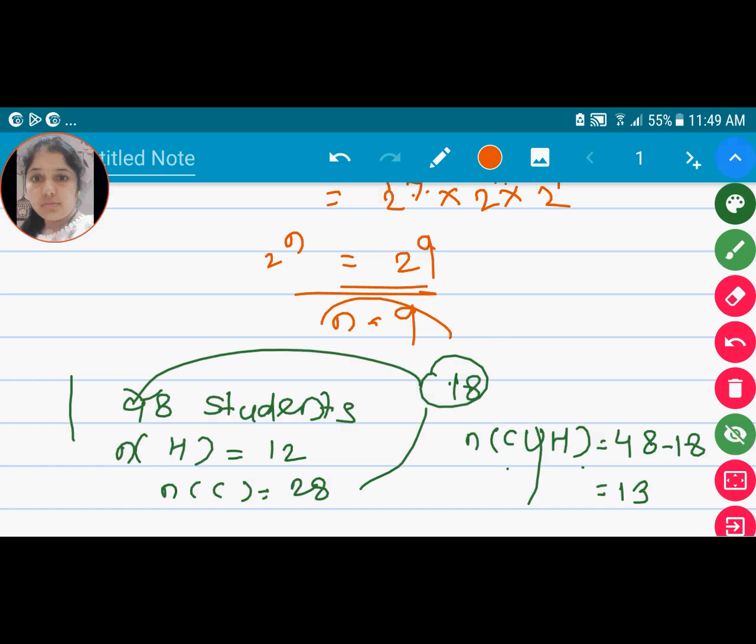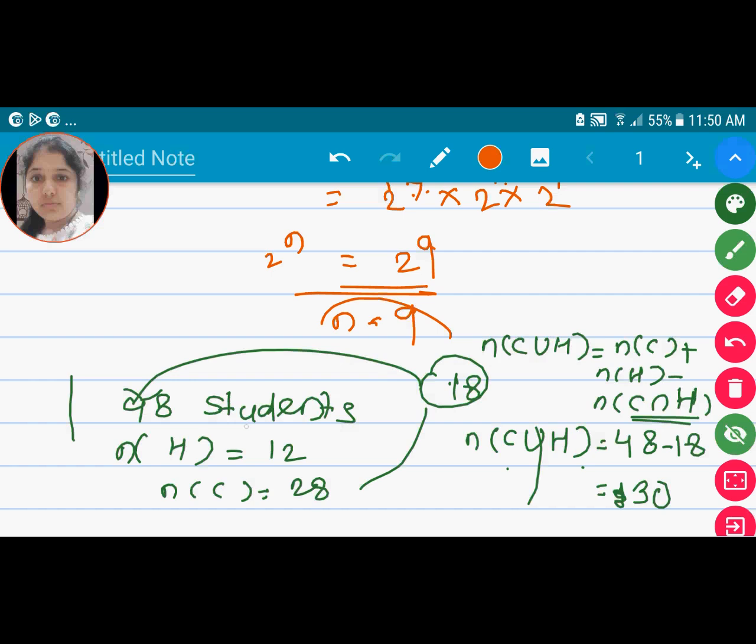Now we have to find the students who like both the games. So we can use the formula: number of students C union H is equal to number of C plus number of H minus number of C intersection H. C intersection H gives us the value of students who like both the games. So this becomes 30.